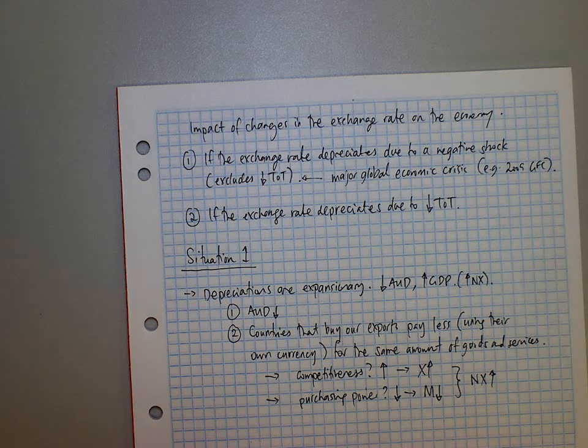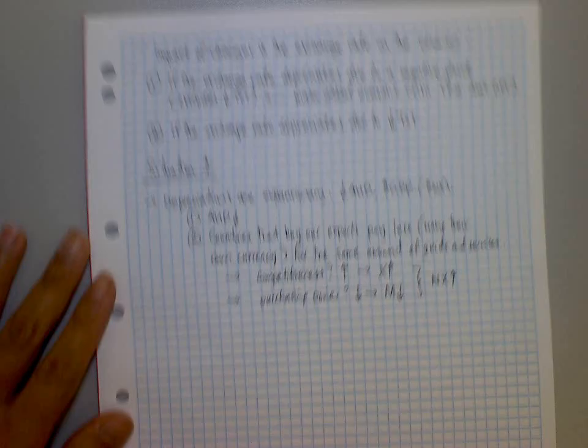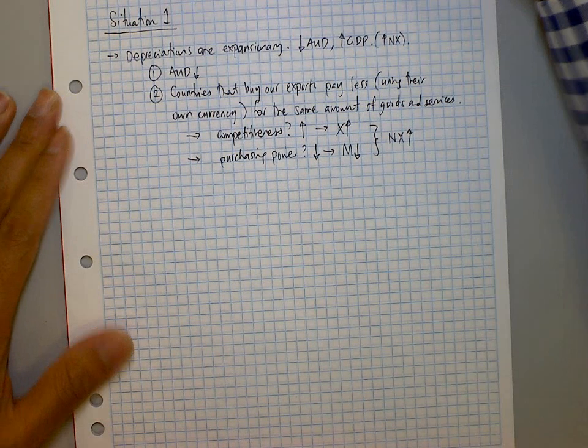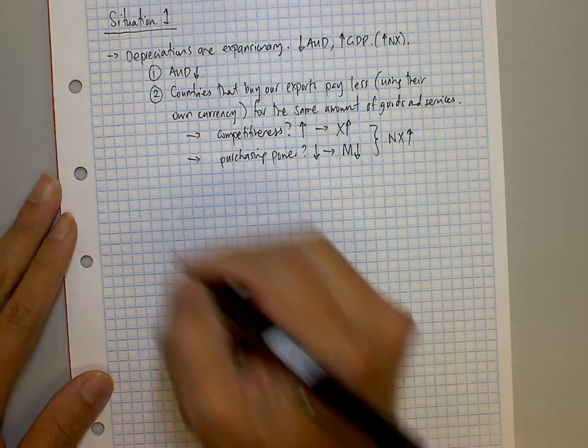Okay? So it'll make a bit more sense once we cover situation 2, which is when we start talking about the trade balance, when we start talking about the J-curve, and those related issues. Okay, so that is situation number 1. Now, cool. So now we're going to move on to situation number 2.